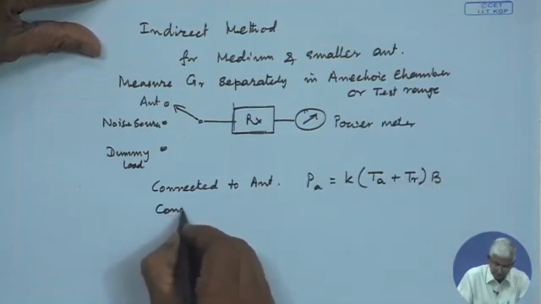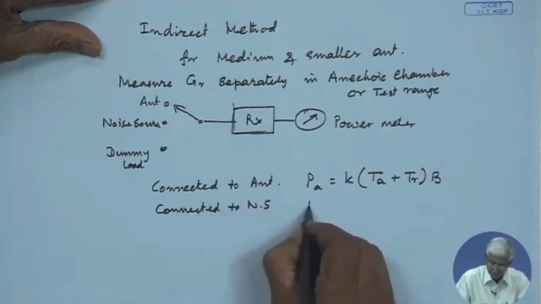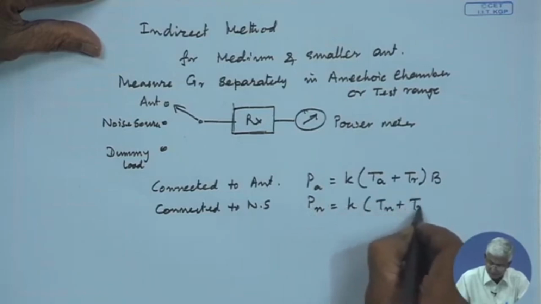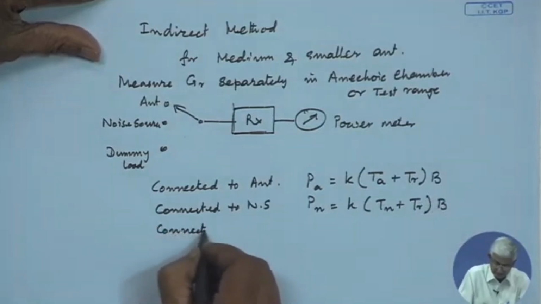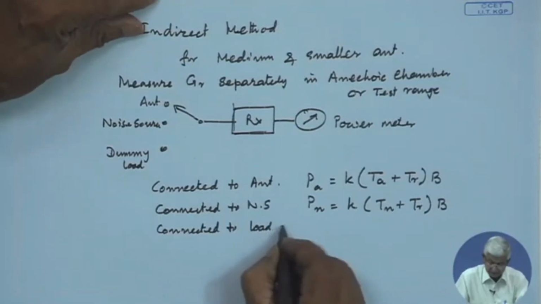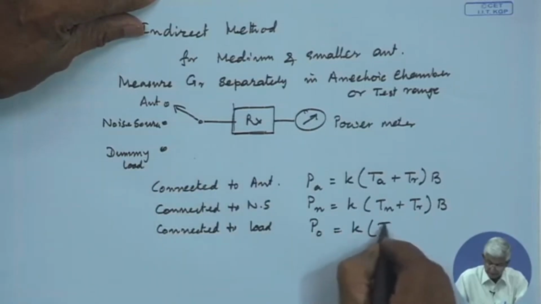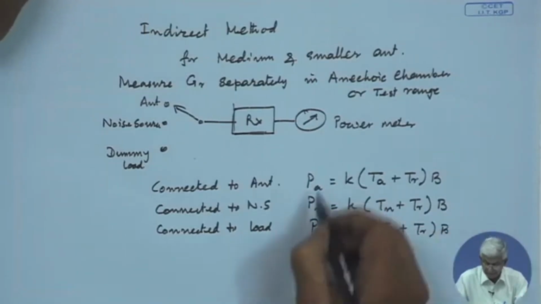When it is connected to the noise source, then P n is equal to K, temperature of the noise source plus temperature of the receiver, into B. And when it is connected to the load at T 0, that is normal temperature, we call it P 0, which is K into T 0 plus T R into B. Now, we take the ratios of these, and we get Y factor 1.